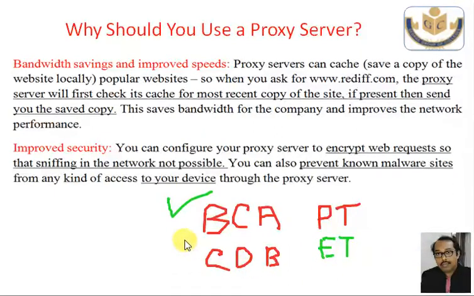What am I doing here? I am just adding 1 to B to get C, adding 1 to C to get D, and adding 1 to A to get B. So I get this CDB text, and it is encrypted, and it is meaningless to many people. Correct?